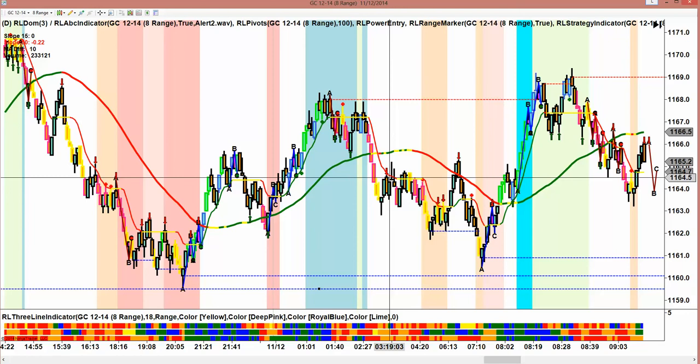Because let's say you set up for a move, and I guess it's difficult to explain, but what you want to do is define chop, because during chop you can get a potential move, but because the prevalence of a great move is unlikely, these are areas that you want to stay out of.